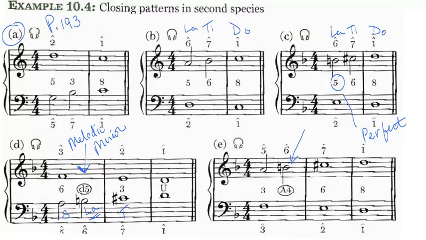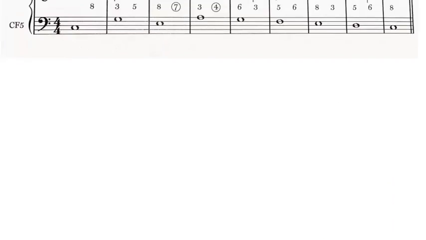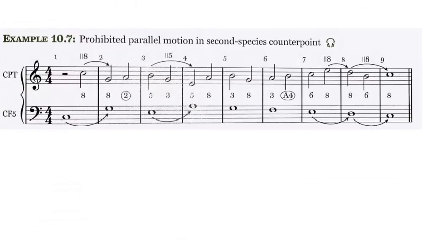One more thing I want to talk about today, and this will take you over to page 197 at the bottom, example 10.7. This example is simply about parallel motion between perfect intervals in second species.